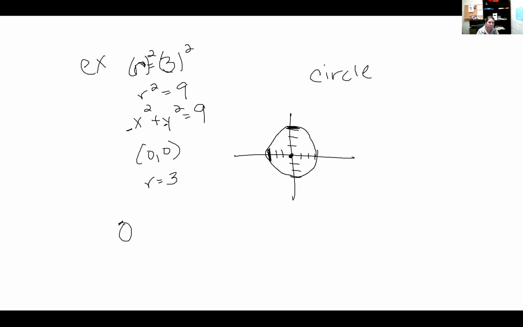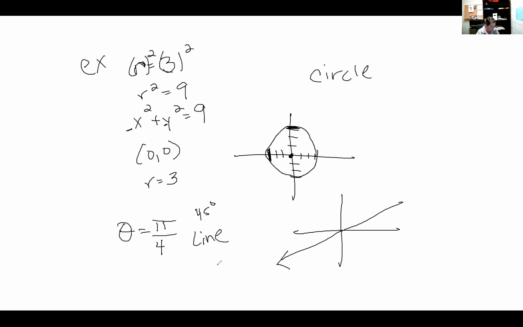How about if you had something like this, theta equals pi over 4. You know, that's 45 degrees, right? So imagine, here's pi over 4. What is that going to make? That's going to make a line. And just think about it. How can we get rid of a theta? Well, we can take the tangent of that.